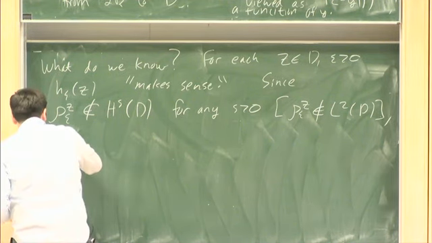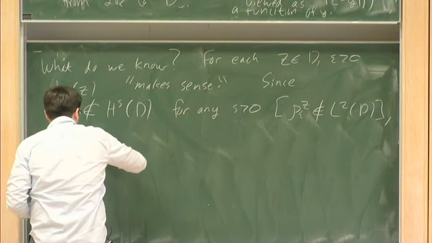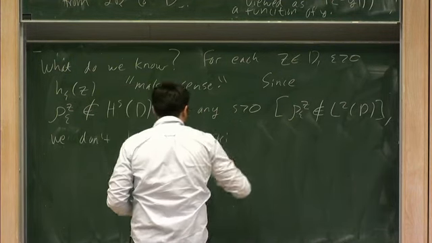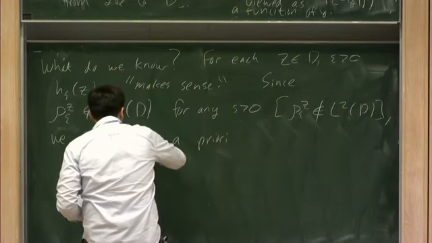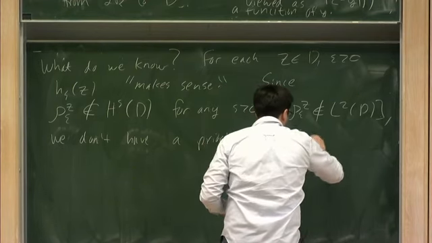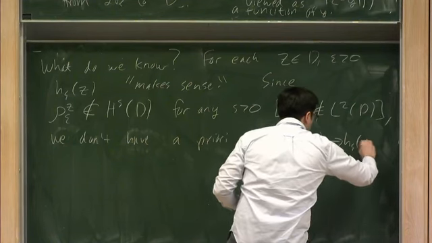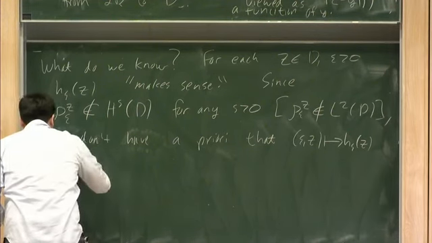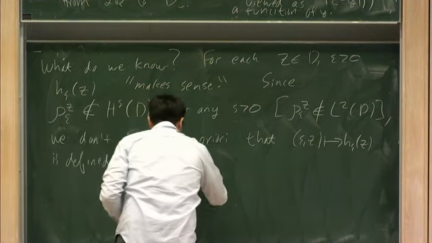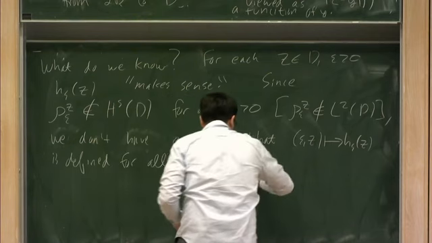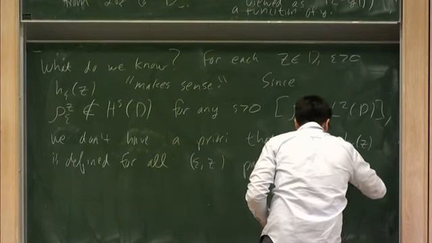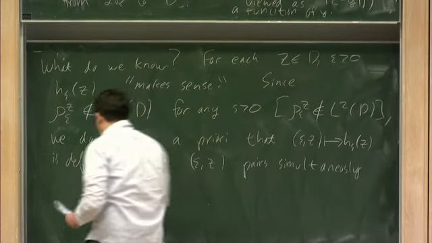So we don't have a priori that the map which goes from an epsilon z pair to h epsilon z is defined for all epsilon z pairs simultaneously, off of a common set of measure 0.